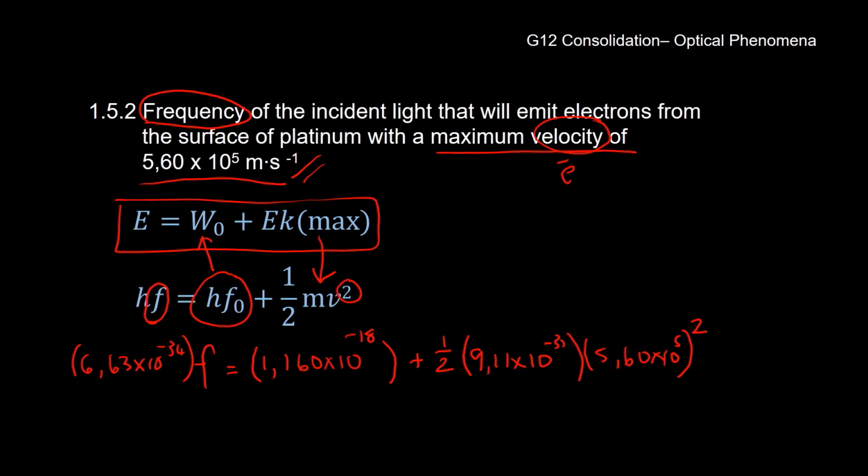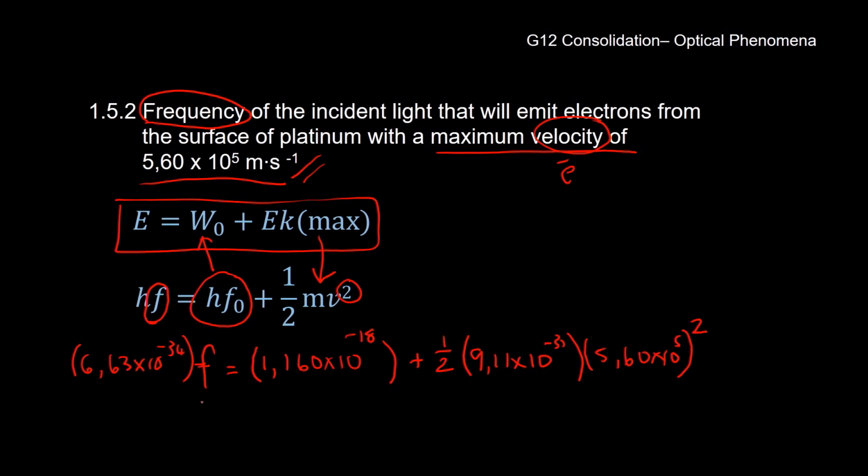Once we have substituted all our values in, a lot of them come from the data sheet. Be wary, be careful. Copy down from the data sheet correctly, and then use your calculator correctly to find the answer. So once we have calculated all that, this moves to the opposite side.